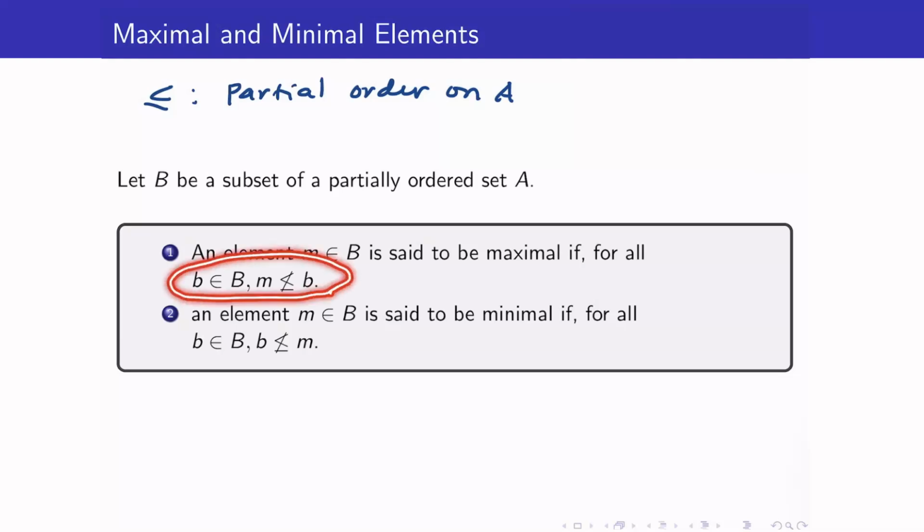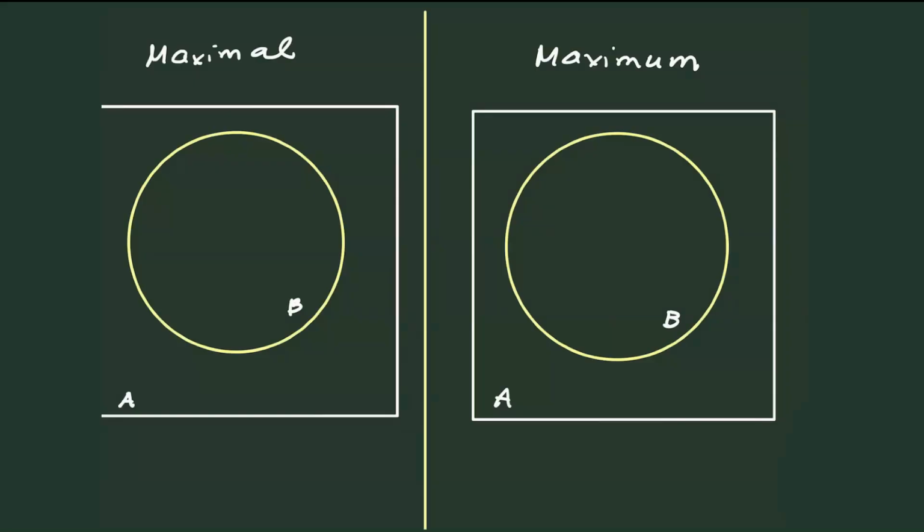That for all elements of B, your M is not less than or equal to B. You cannot find any elements of B which are greater than M.